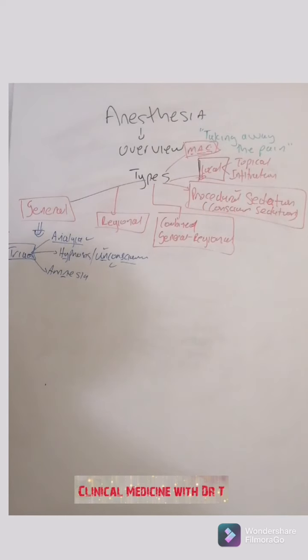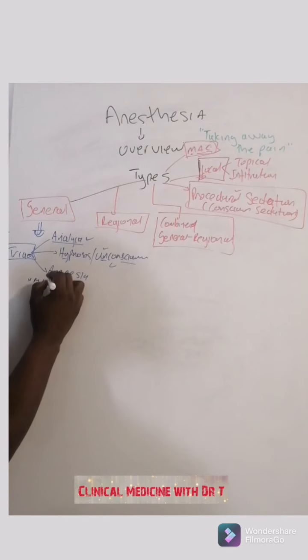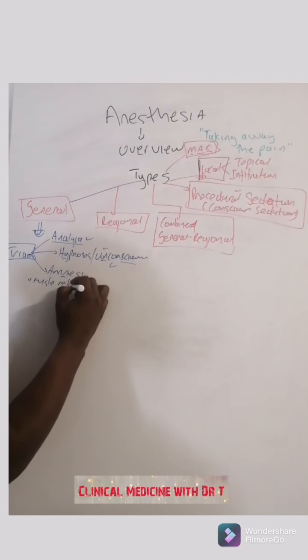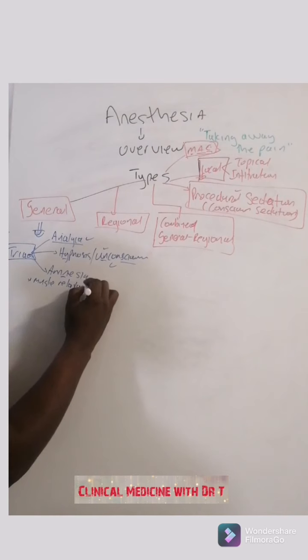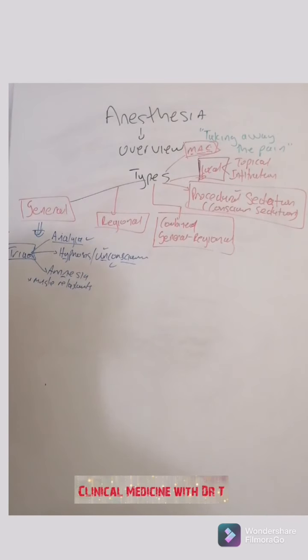You can't give them all the drugs that you have to give and not take care of the airway, because by virtue of them being unconscious, you need to protect their airway. Now, there are other things that people are bringing in, that in general anesthesia there's an element of muscle relaxation as well. But the traditional triad of general anesthesia is these three things. You see?